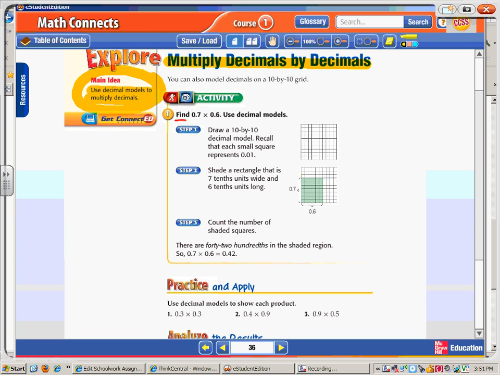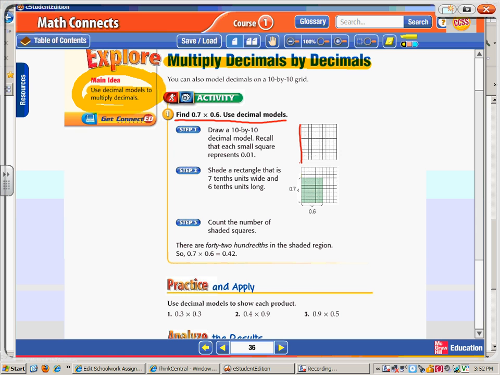When we are taking something like 7/10 and multiplying it by 6/10, we can use a base 10 flat or 100 to help us look at that, because we're using a 10 by 10 because we have tenths times tenths.